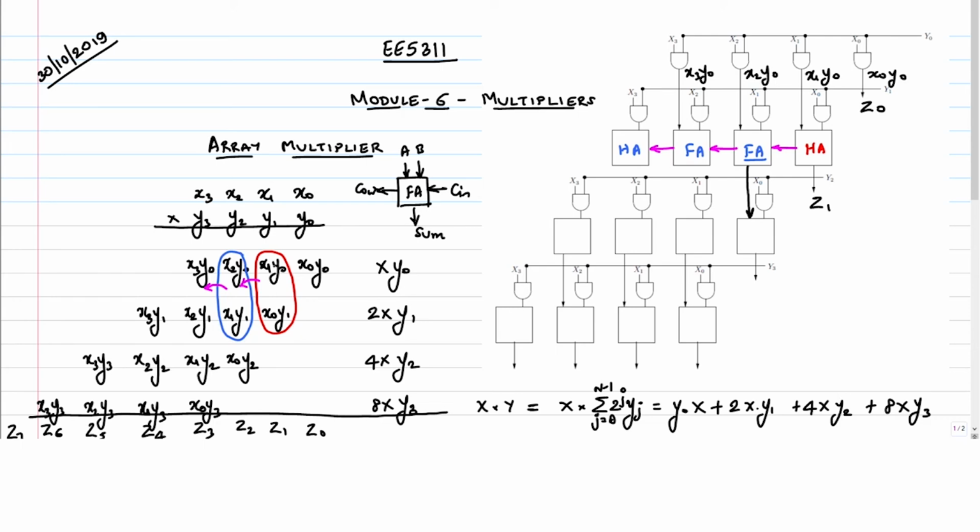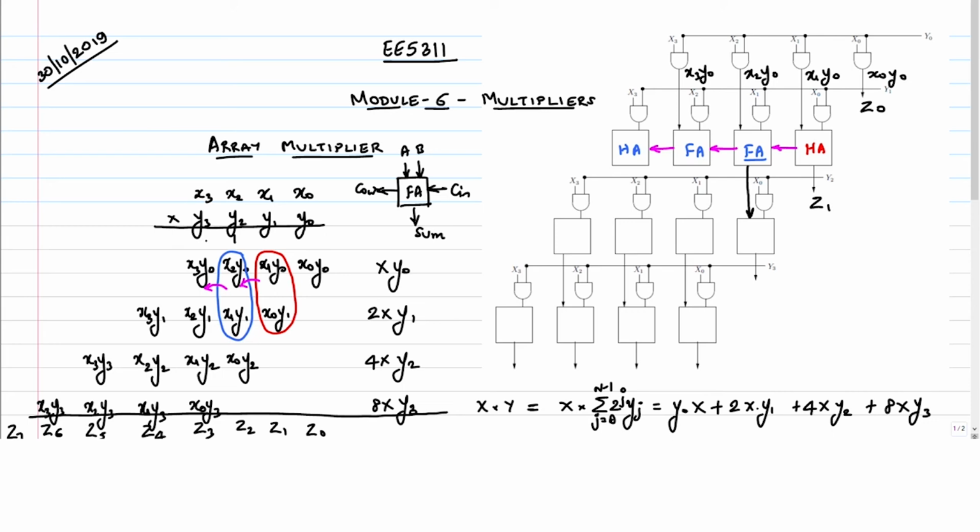Why not? Because I get x1 y0, x0 y1, I get a carry, right? I'm going to add that carry here, right? So, basically I'm adding these three numbers. No, again the carry, right? From each addition that I get a carry out.